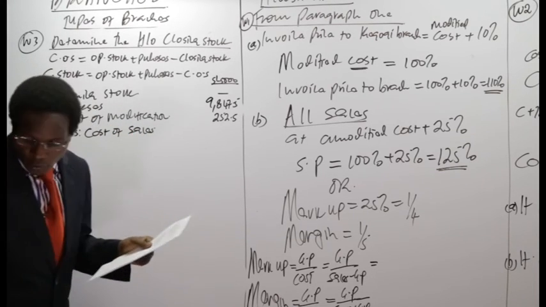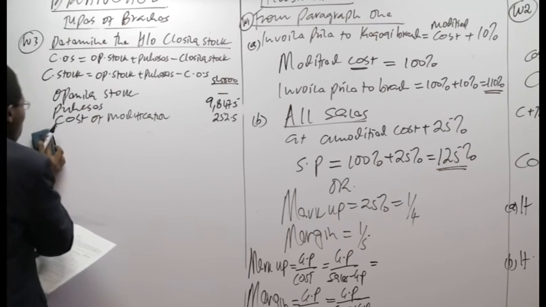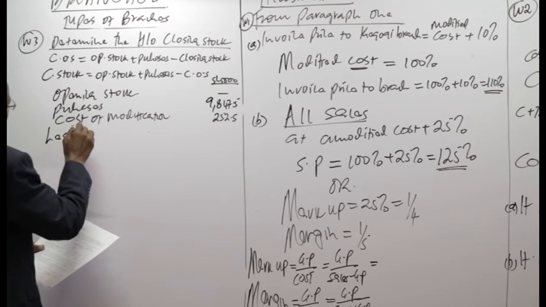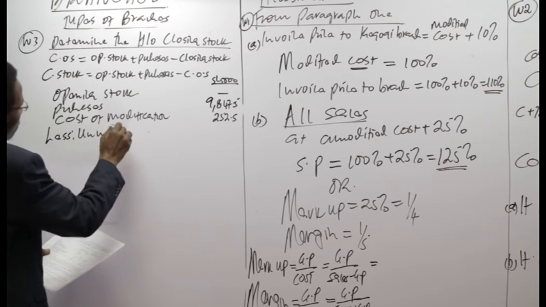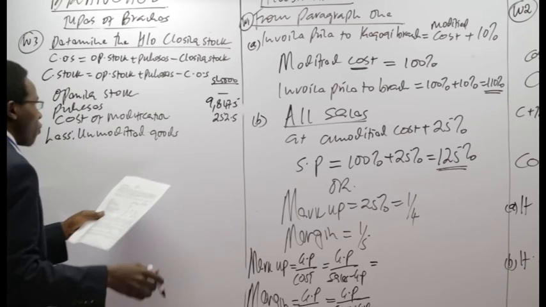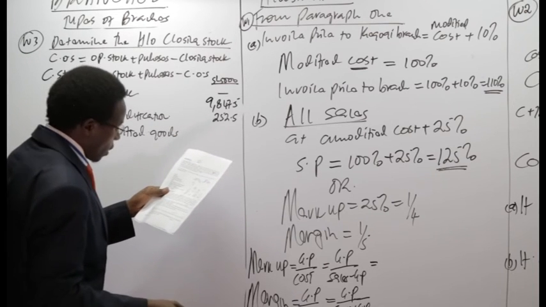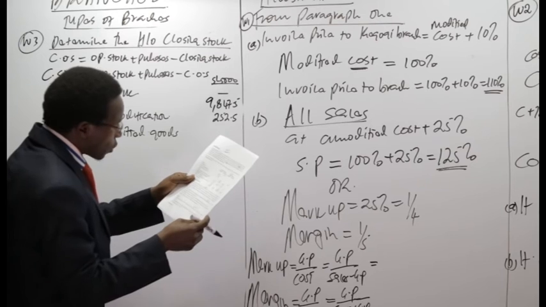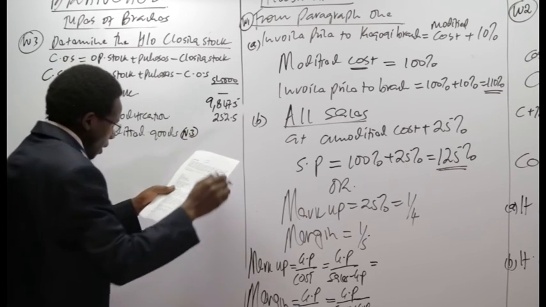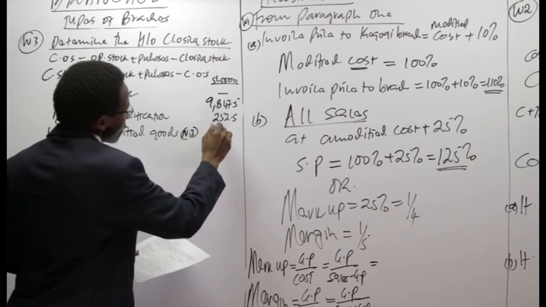No, before cost of sales, friends, there's some unmodified. So less unmodified. Goods must be modified before they are sent or before they are sold. So the unmodified, note 3, unmodified is 500.